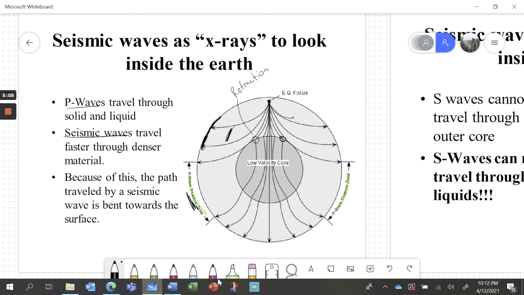Okay, so scientists were actually able to figure out what the inside of Earth looked like based on where shadow zones were. And they were able to pinpoint the location of earthquakes based on having different sensors all over the planet. Like there were some here and here and here.